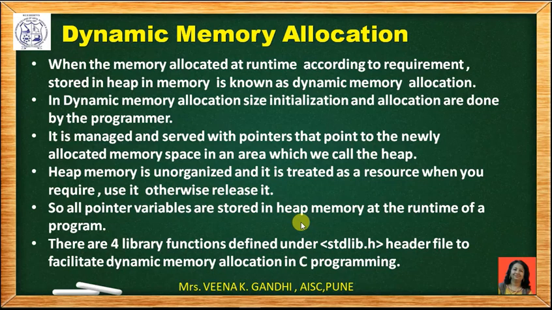There are 4 library functions defined in the stdlib.h file to facilitate dynamic memory allocation in C programming. So in dynamic memory allocation, memory is allocated at runtime according to the user's requirement and it is used and released immediately. So we use pointers for dynamic memory allocation and memory is allocated in the heap memory area.